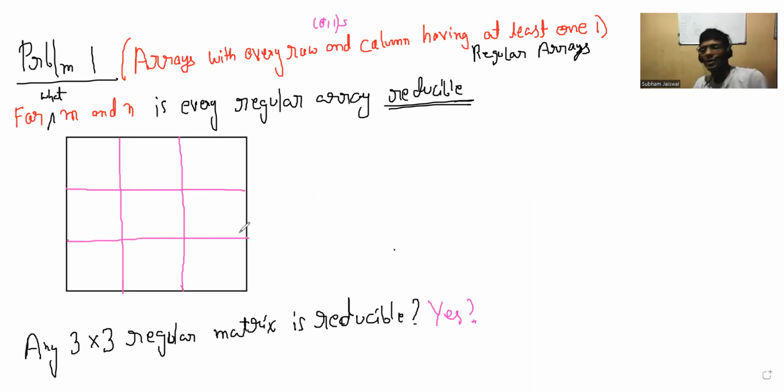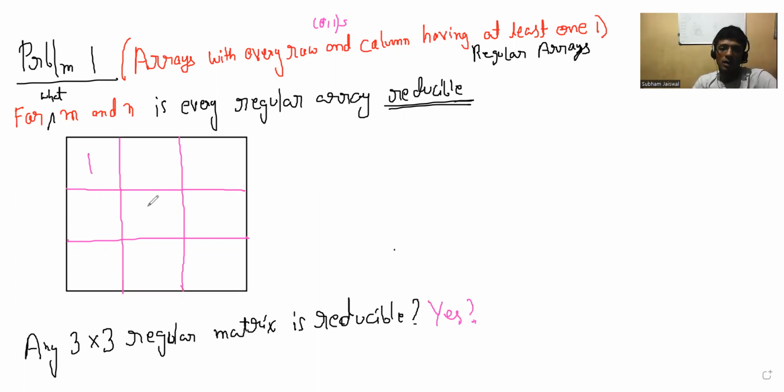Oh no, but you may not end up with a regular matrix. That is the whole point. You have to remove a row and a column so that the resulting 2 by 2 thing has a 1 in every row and every column, right?